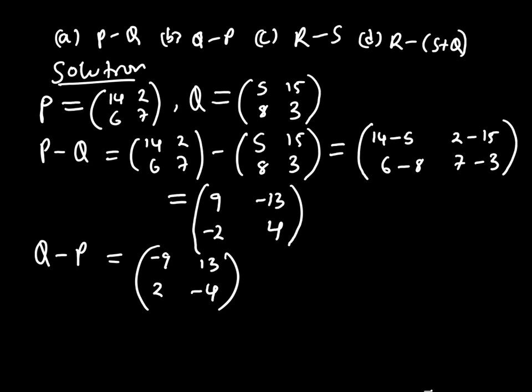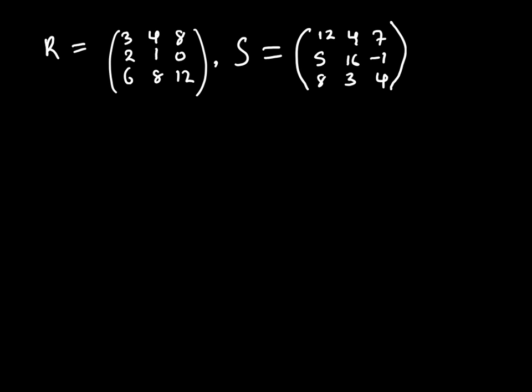So let's look at R minus S. This is possible because these two matrices have the same order.